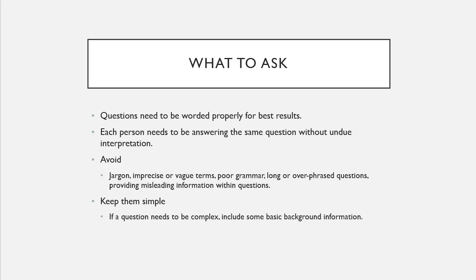So if you have a complex idea, maybe it's a political idea and you want to know how people feel about it, you would start by setting something up like, in the last 12 years, there have been a mix of Republican and Democratic candidates who have won the election. These several policies have been passed under Democrats. These several policies have been passed under Republicans. And then you go into a couple questions.